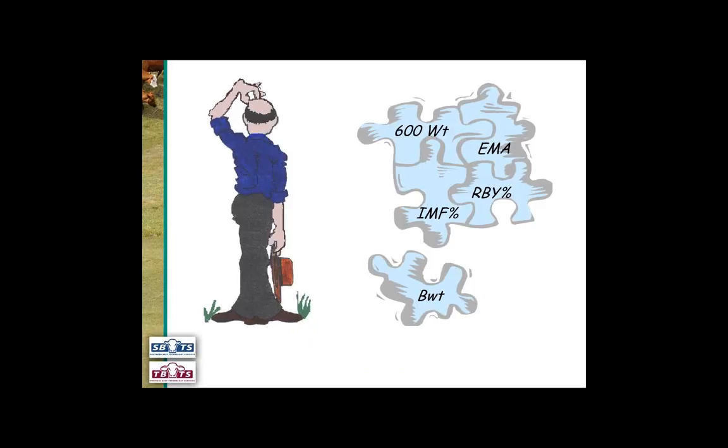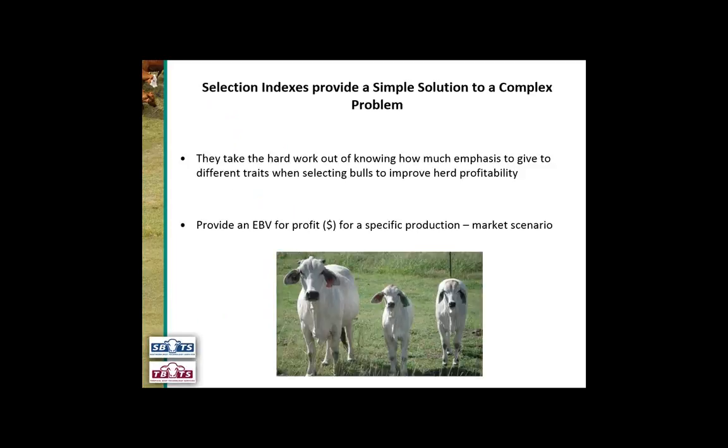So in the previous sessions, you would be aware that we've now got something like 18 different EBVs that you can use to make selection decisions. The question becomes, just how much emphasis do you put on each individual index? What selection indexes are about is trying to make that much easier for you.